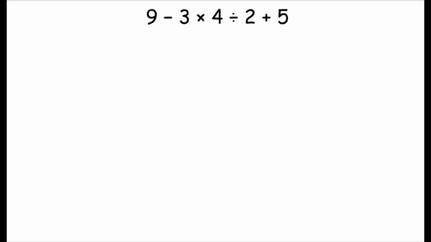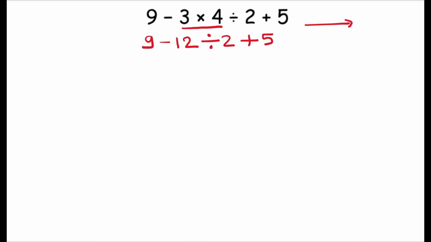We solve from left to right. 9 minus 3 multiplied by 4 is equal to minus 12, divided by 2, plus 5.